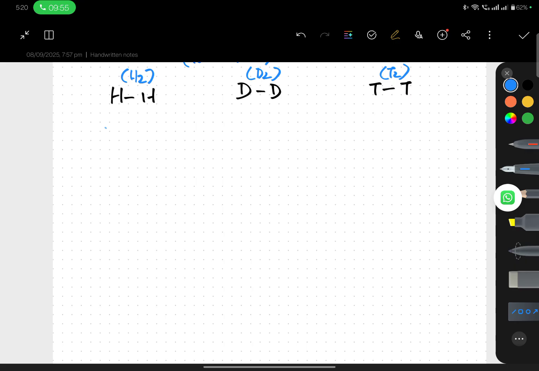My question is, among the three bonds, which is stronger and why? Which has the maximum enthalpy of dissociation?